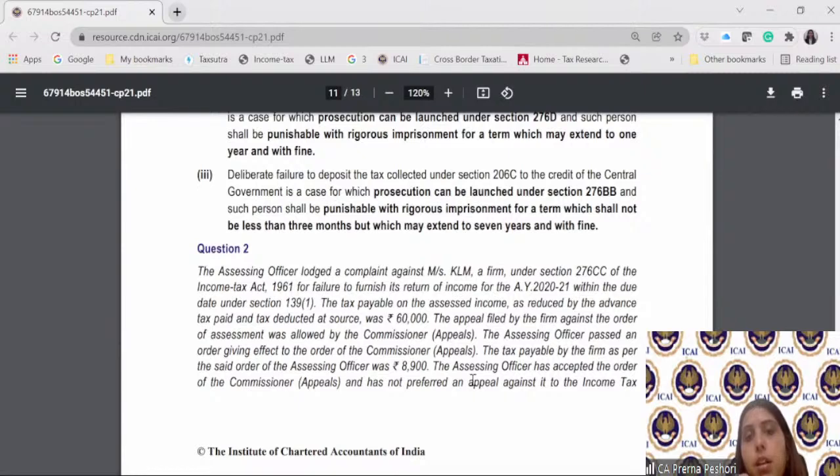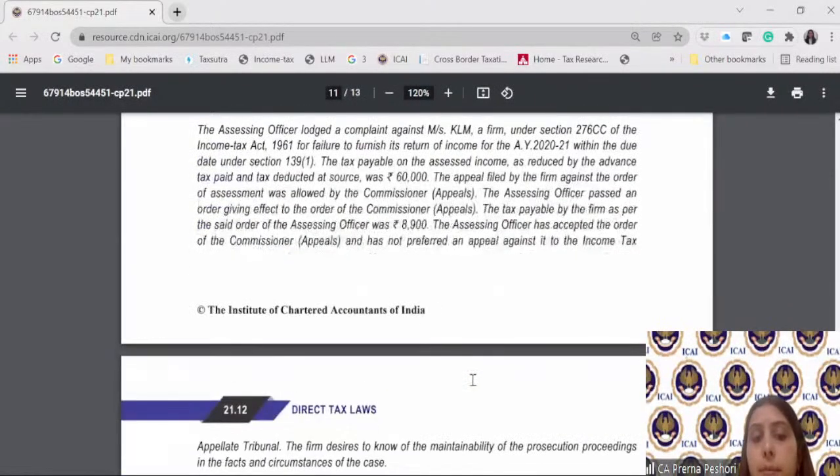The tax payable as reduced by advance tax and TDS was 60,000. Appeal filed by the firm against the order of assessment was allowed by CIT(A). AO passed an order giving effect to the order of CIT(A). Tax payable by the firm as per the said order of AO was 8,900. AO has accepted the order of CIT(A) and has not preferred an appeal against it to the Income Tax Appellate Tribunal. The firm desires to know the maintainability of prosecution proceedings in the facts and circumstances of the case.